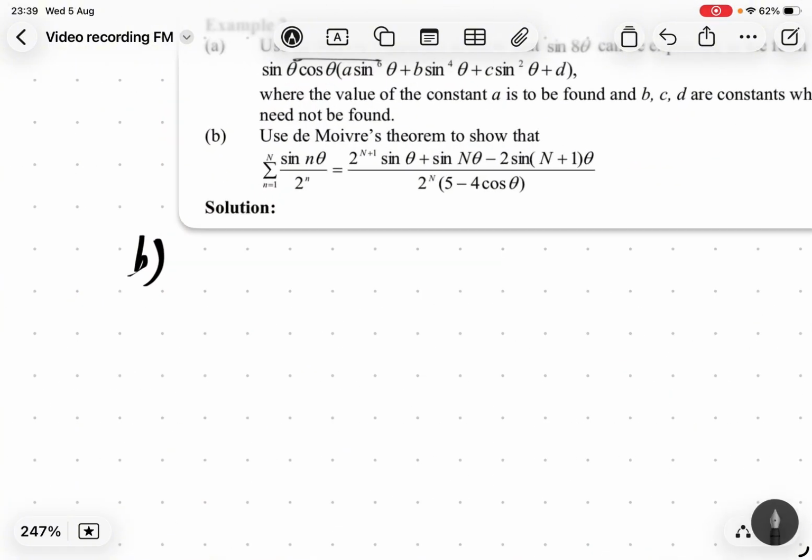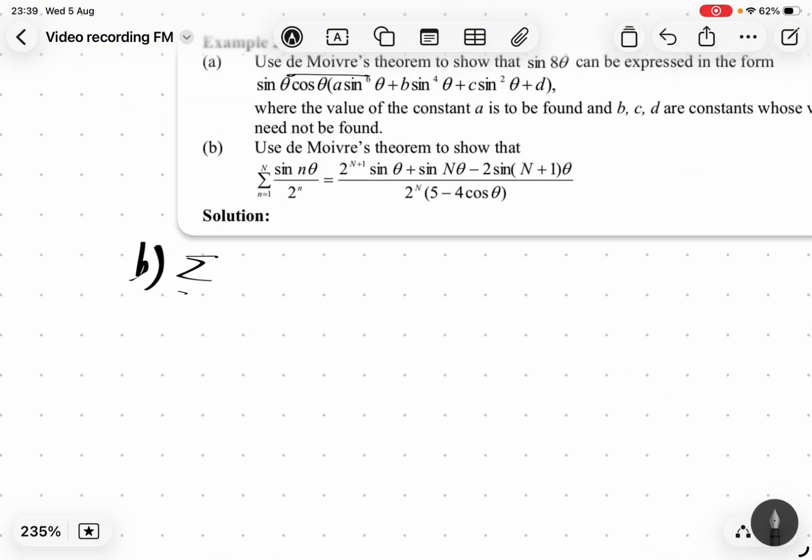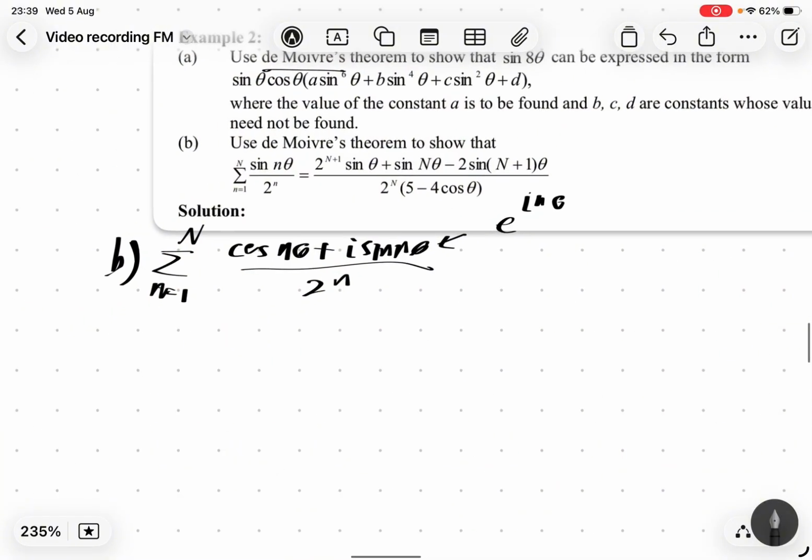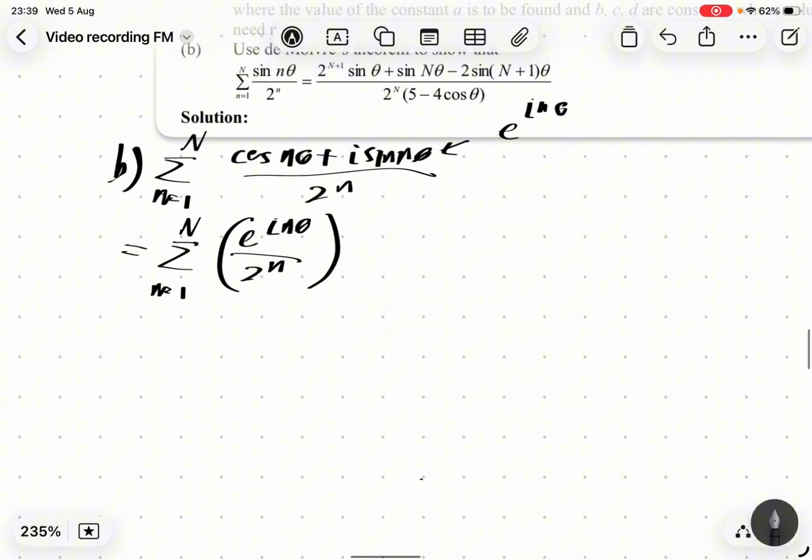Let me show you. Okay, the summation for n equals 1 of cos n theta plus i sine n theta over 2 power n. This is equal to just e power i n theta, so I can just write something like this.